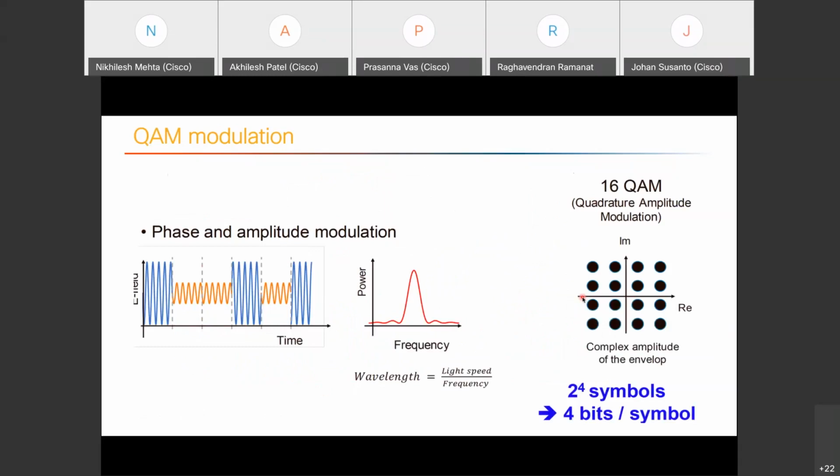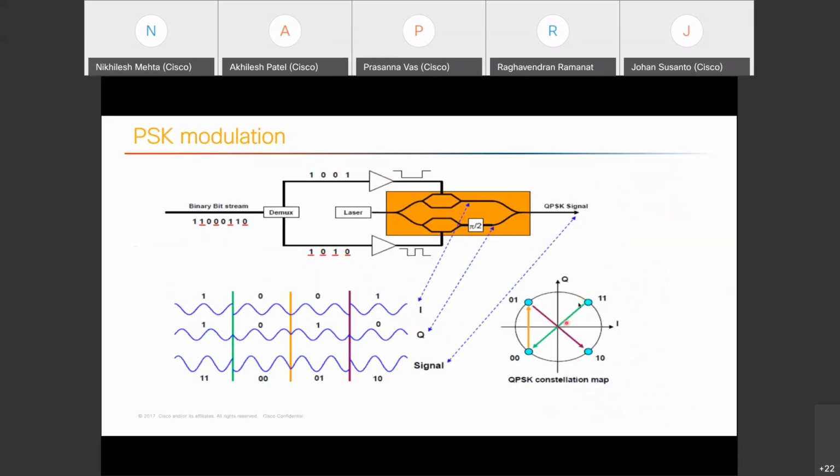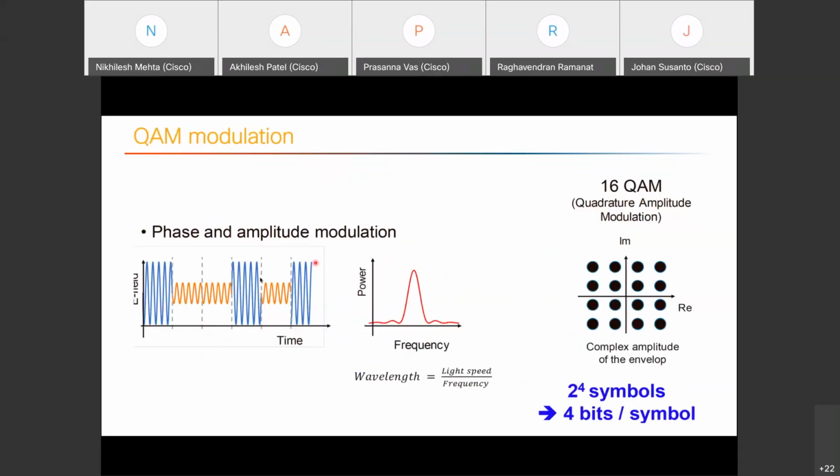Now coming to the QAM modulation. In QPSK, I am playing around with the phase of the signal, not the amplitude. You can see in this, the amplitude of all the carriers, all the points, is the same, all lying on a circle. But in QAM modulation, you are also playing around with the amplitude. This is quadrature amplitude modulation.